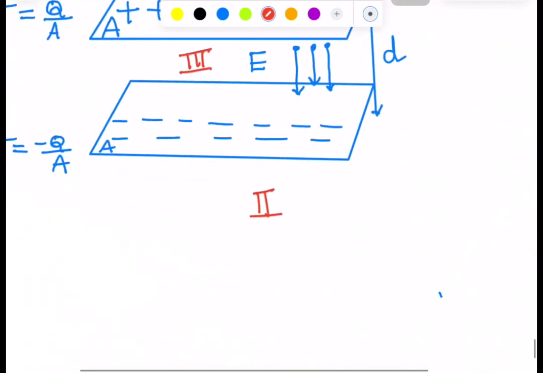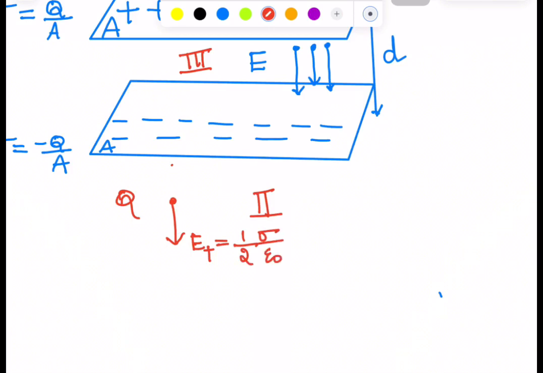Similarly, let's take a point Q below the plate. Here also, the electric field intensity due to the positively charged plate is away from the plate, with the same magnitude, half of sigma by epsilon naught.